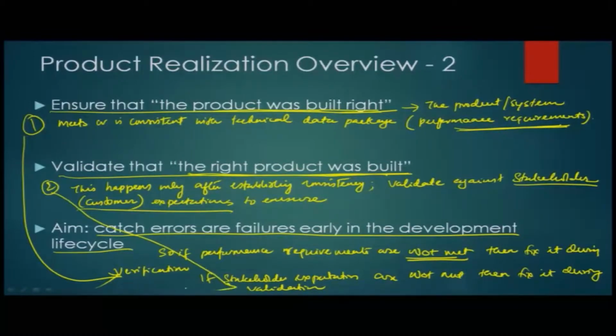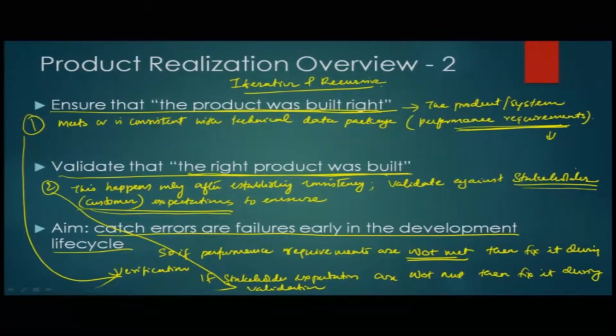So, it happens at this point. This is why this process is also called, remember I always used to mention this term, iterative and recursive. Sometimes you find out that at the time you say, okay, I met all the performance requirements, and when you reach there you say that, okay, I am not meeting one customer expectation because of a choice I made here.